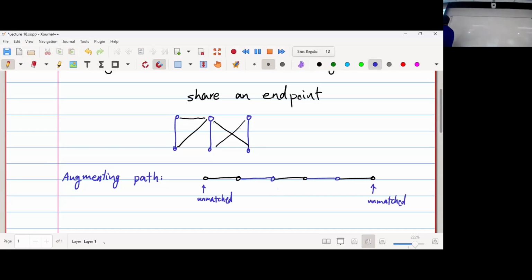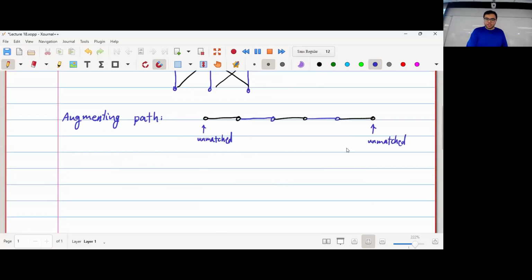If both of these vertices are unmatched, I can just take this augmenting path and I can basically switch. I can put all the edges that were not in the matching into the matching. So I can just change the color of every edge here. I can say every black edge becomes blue and every blue edge becomes black. And that will give me a bigger matching.